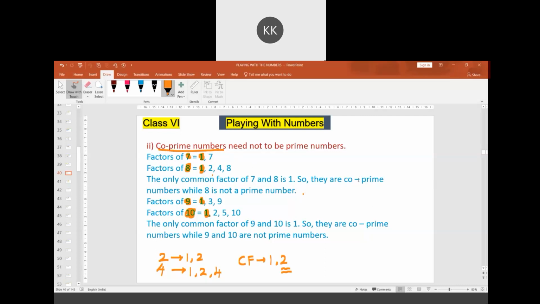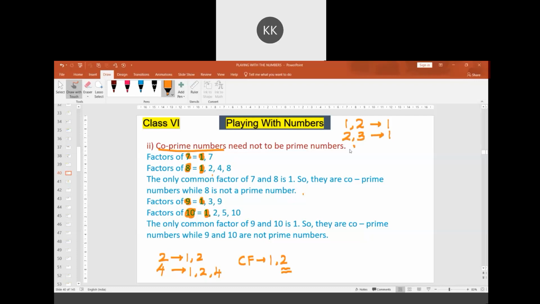Paras is asking, sir, please explain co-prime numbers. Till now, I am explaining co-prime numbers only. Once again, I will repeat it. Co-prime numbers means a combination of two numbers. If I take 1 and 2, the highest common factor is 1. They are co-prime. If I take 2 and 3, the common factor is only 1. They are co-prime.